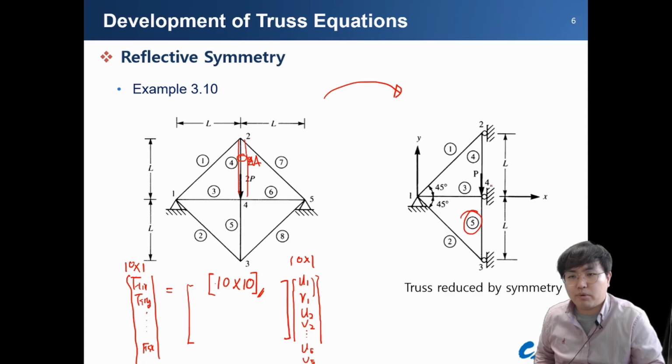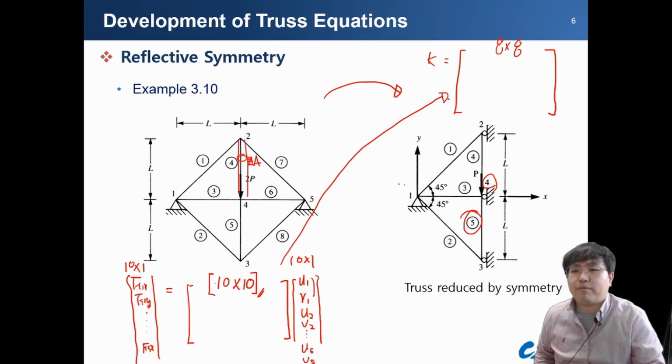and 4 nodes. That means we can expect the size of the global stiffness matrix. Each node has 2 nodal degrees of freedom, so maybe 8 by 8. Actually, there is no benefit in using the symmetric structure here, because compared to the original size of the global stiffness matrix, 8 by 8 is very similar.